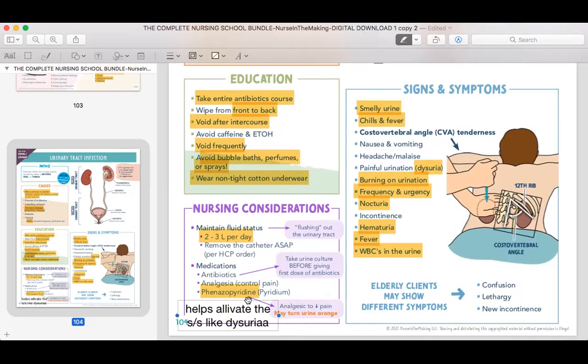You want to make sure that you assess for liver values, like ALT, AST, and jaundice, because that's an adverse effect of the med. You can drink cranberry juice, okay, I think it's cranberry juice, and that would help with that. You definitely want to make sure you're drinking lots of water, following all precautions.